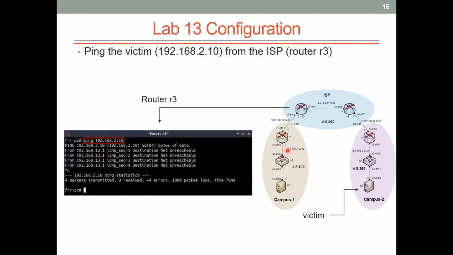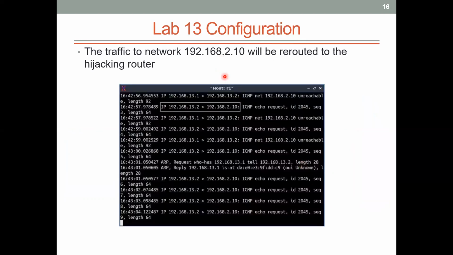However, our aim is to show that the hijacked network is gonna be rerouted to campus 1, and this can be seen here. This is the tcpdump output of router R1. As we see here, we have packets that are sent from 13.2 and going to 2.1. Although router R1 doesn't have this network, it was able to successfully hijack and reroute the traffic.